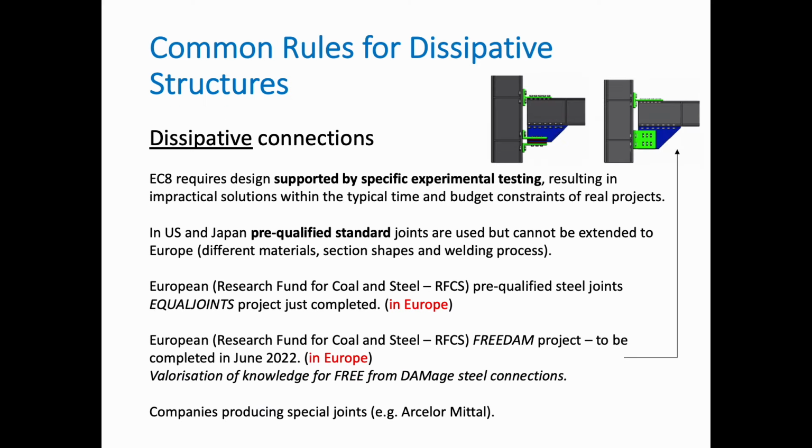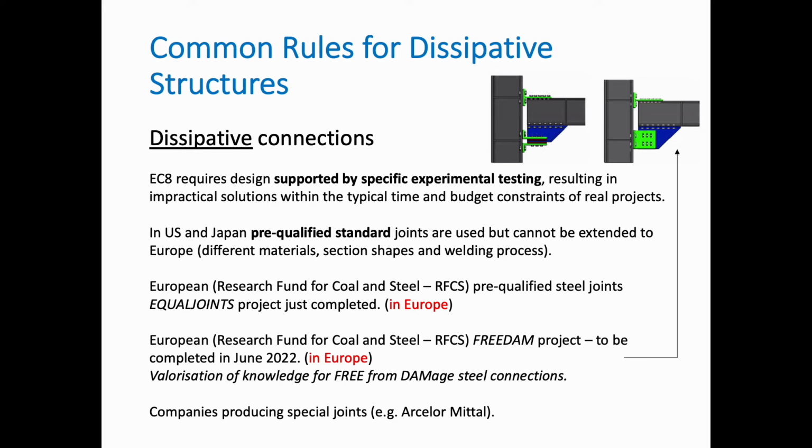It is worth noting that EC8 requires design supported by specific experimental testing in cases where the dissipative connections are new, and this results in impractical solutions within the typical time and budget constraints of real projects.